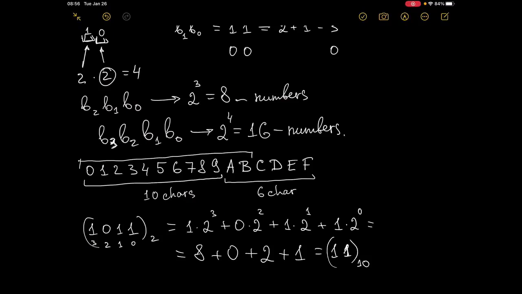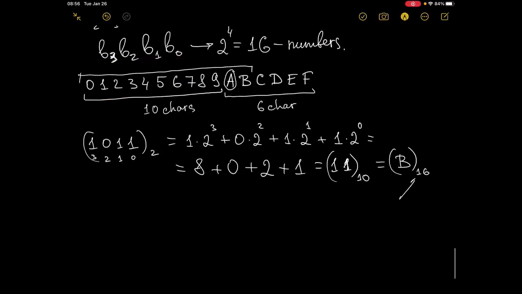So it will be A with the base 16 corresponds to 10, and then it's B in, so it's called hexadecimal numbers. So representation with base 16.